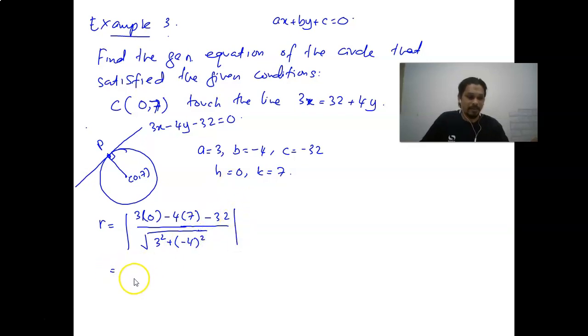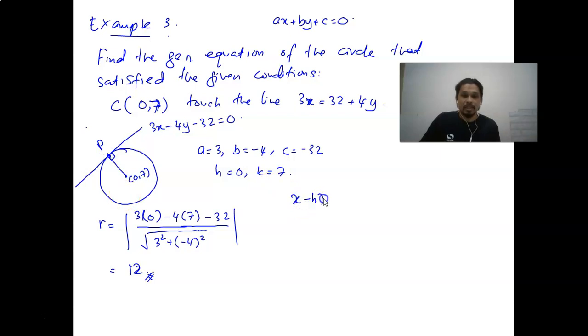Simplify this and you get 12. So the radius, or distance from this point to this point here, equals 12.